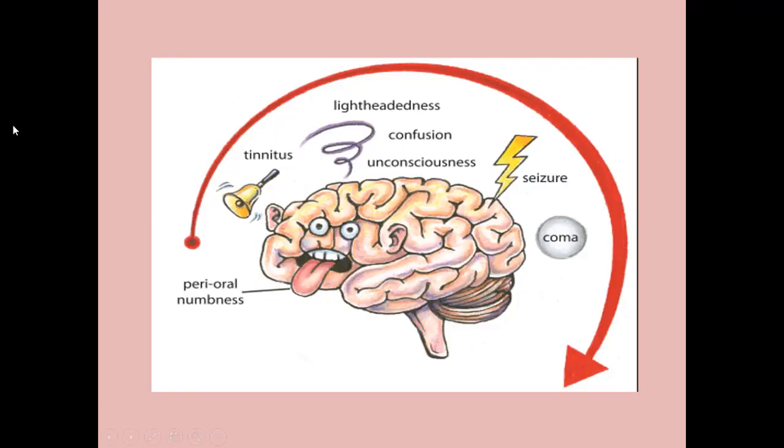In this picture you can see clearly that initially, at the lower doses, you have the side effects of perioral numbness and tinnitus, and as the dose increases, your patient may have seizure and coma as well. So you have to be careful, and that's why we usually advise that you continue to talk to the patient, and well before starting the surgery you have to counsel the patient.